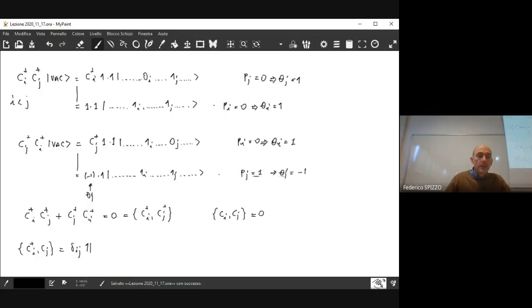Okay, so for the moment, we have just defined those new operators, and the only thing we need to remember from now on is that we will mainly use just the commutation rules between the operators.